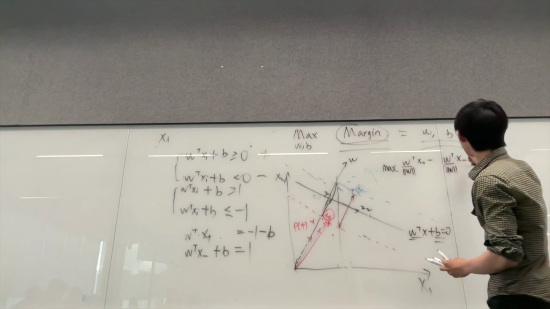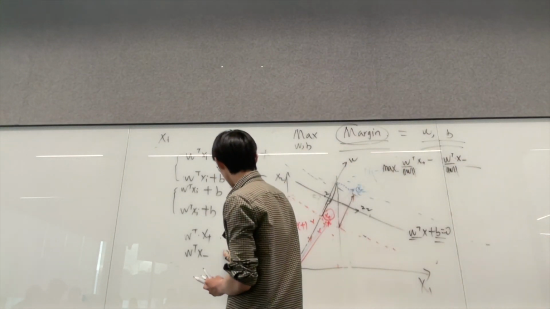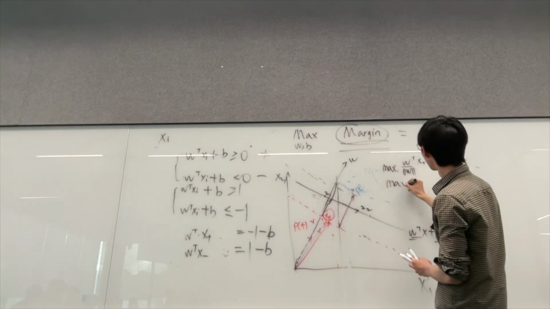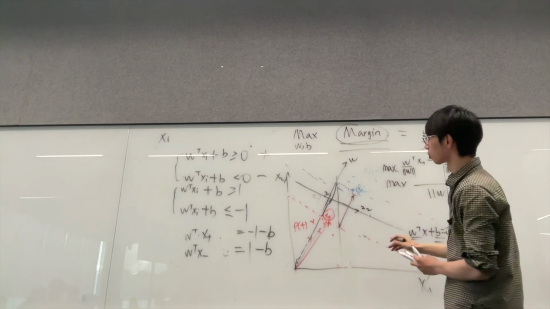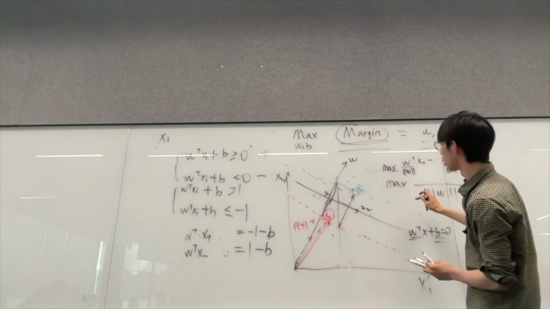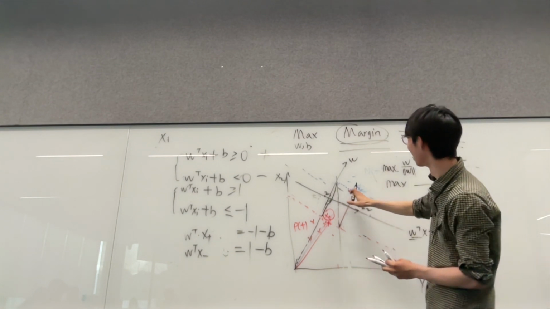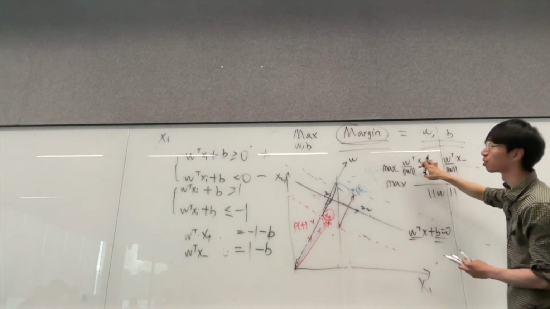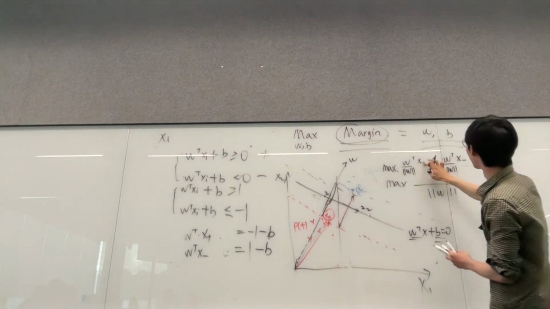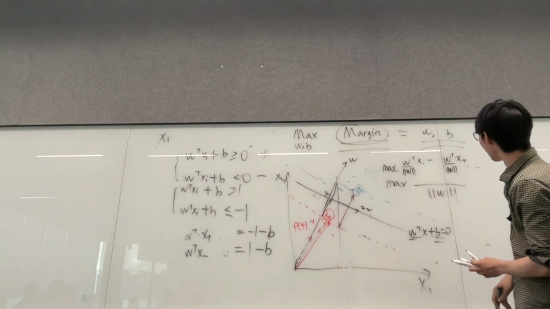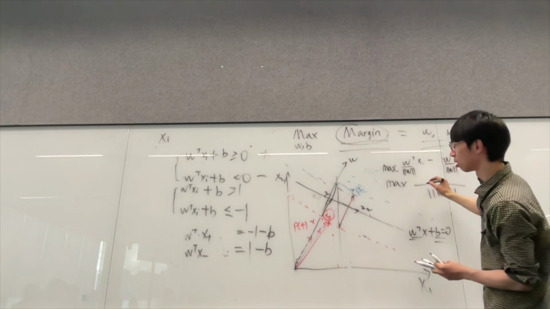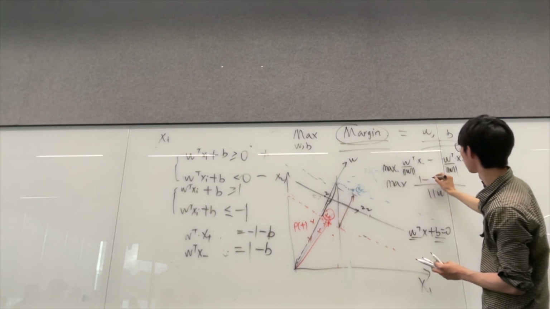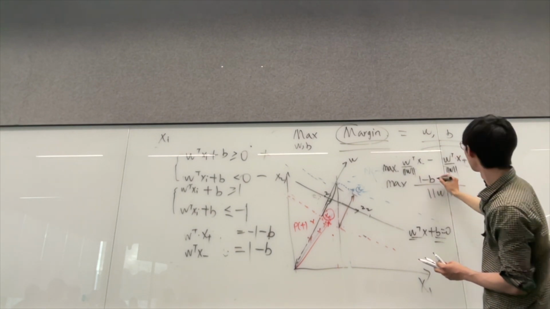Actually, this is bigger than this, so we should use this x minus this.